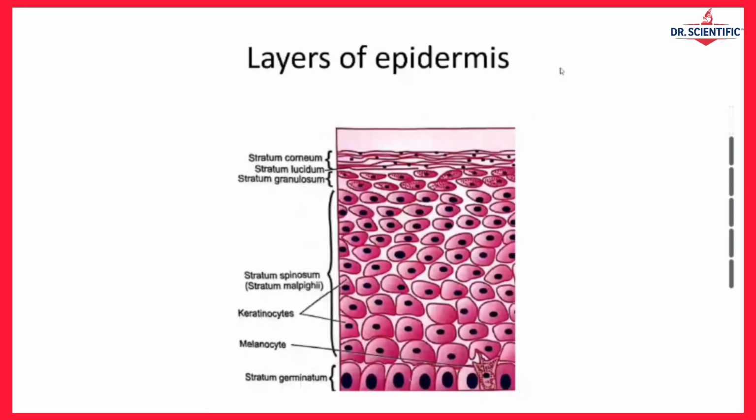Just emphasizing the layers of the epidermis again, you can see the stratum germinativum, which is basically stratum basale. That is where the cells start. You can see there is the melanocyte, the cell that produces the melanin that gives the skin color.